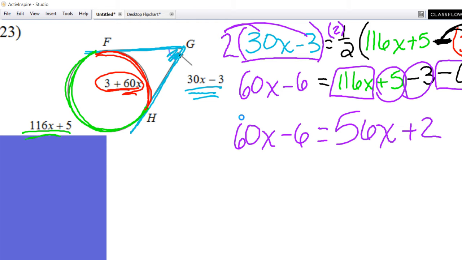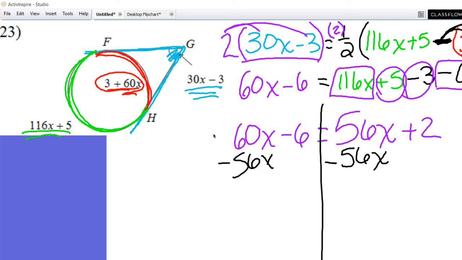And we can start solving for x now. Remember, every time you're crossing the line or moving things from one side to the other, we do the opposite. So I'm going to start by moving the 56x. I'm going to do minus 56x. Cancel it out. So I'm left with 4x minus 6 equals 2.